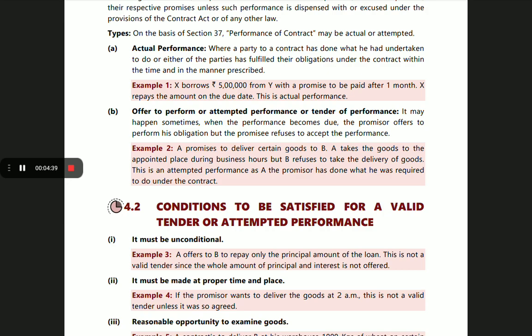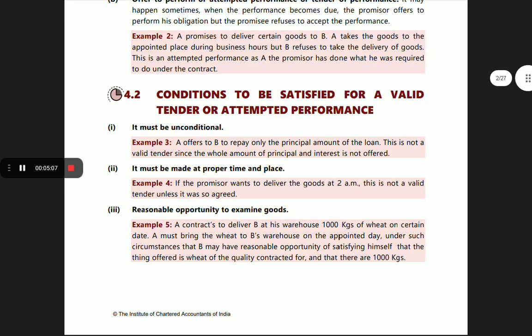This is not a valid tender since the whole amount of principal and interest is not offered. It must be made at the proper time and place. Example: if the promisor wants to deliver the goods at 2 a.m., this is not a valid tender unless it was so agreed.